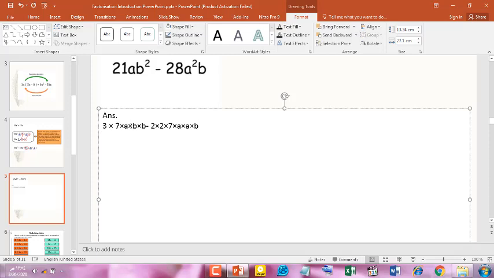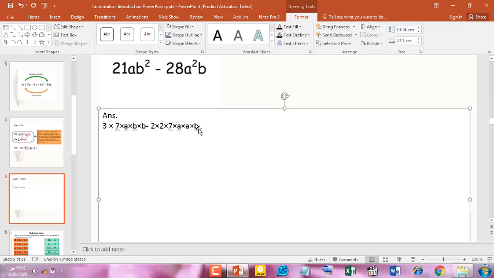Right now, we are going to underline the common numbers. What are the common numbers or variables? We have here the 7, and here we have 7. How about the variables? We have a, with one of these two a's, and we have b with one of these two b's.